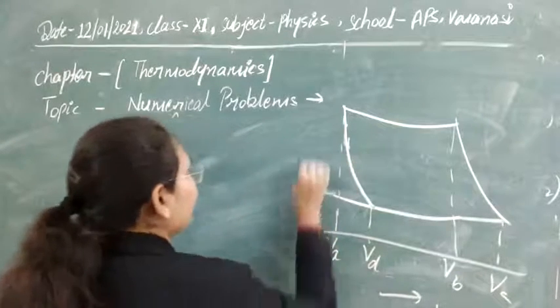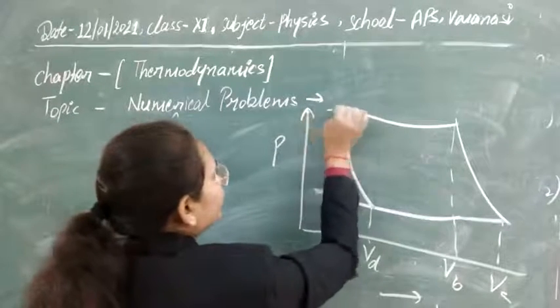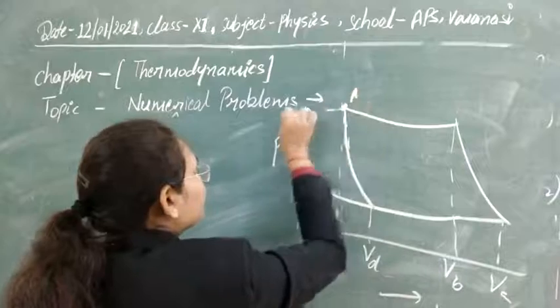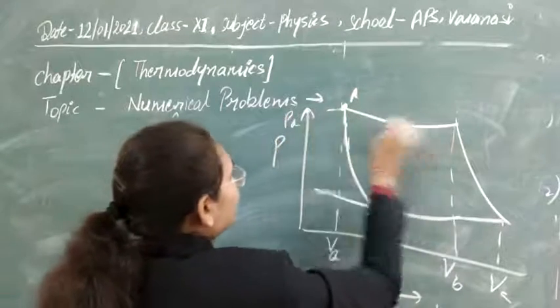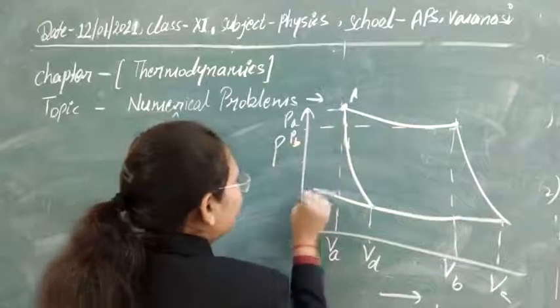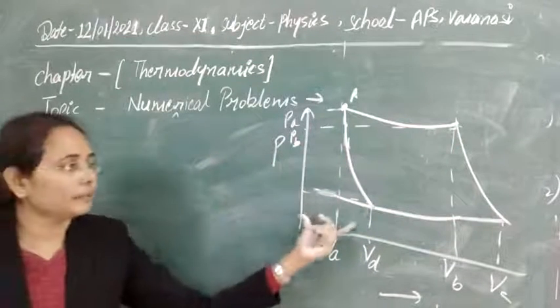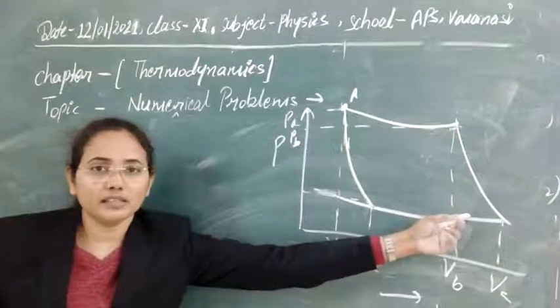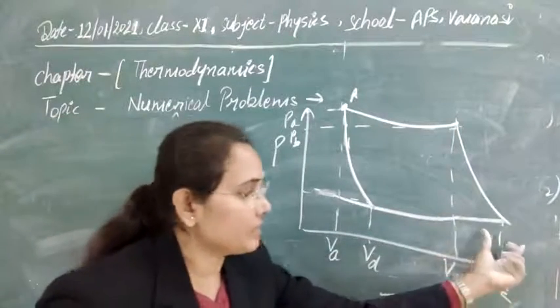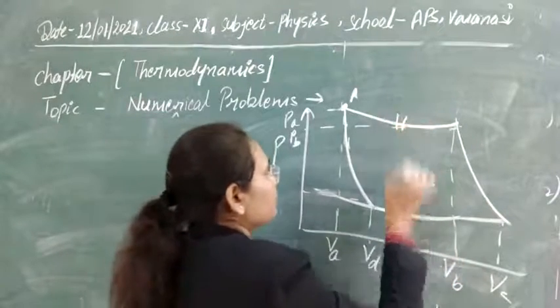This is V, and on this axis we have taken P. At point A the pressure is PA, at point B the pressure is PB, at point D the pressure is PD, and at point C the pressure is PC. So just use this concept for these two isothermal processes.